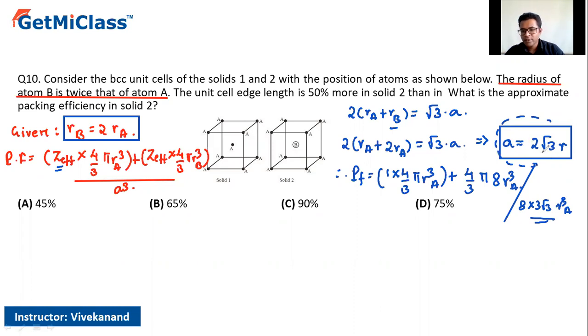That cube: 2 into 2 into 2 is 8, and root 3 into root 3 gives 3, into root 3 r cube A. So this is important.